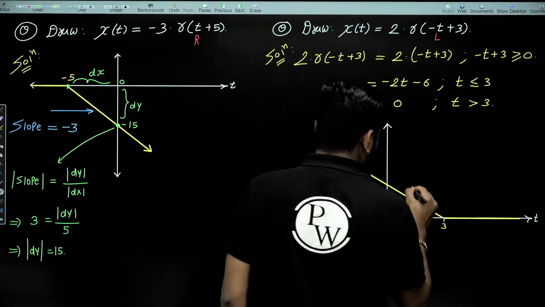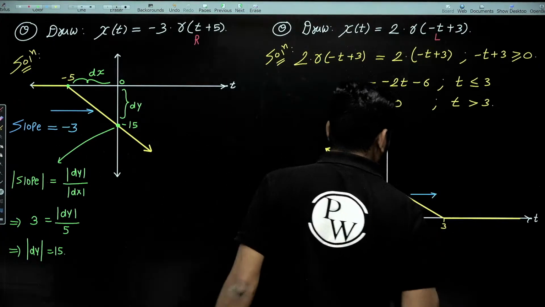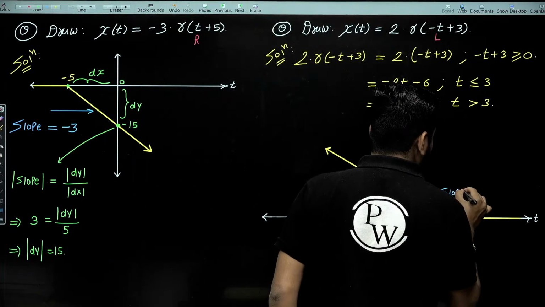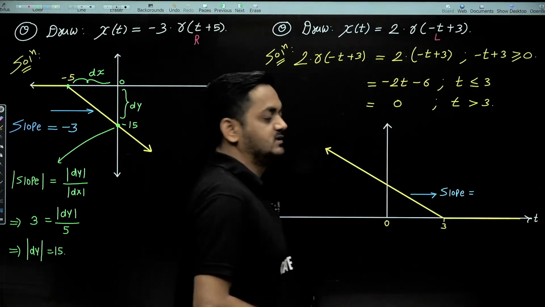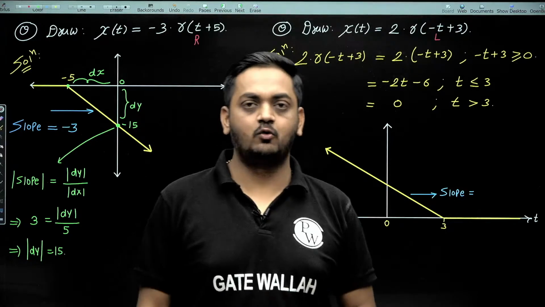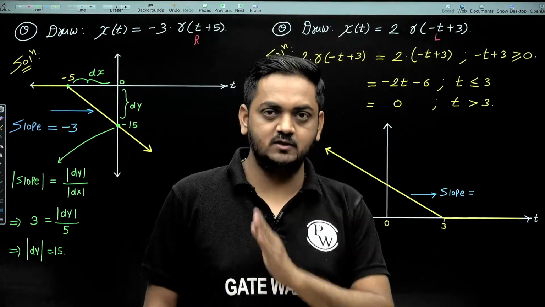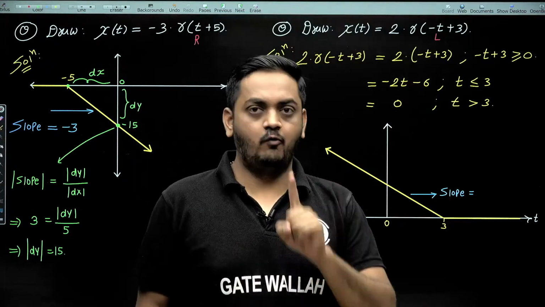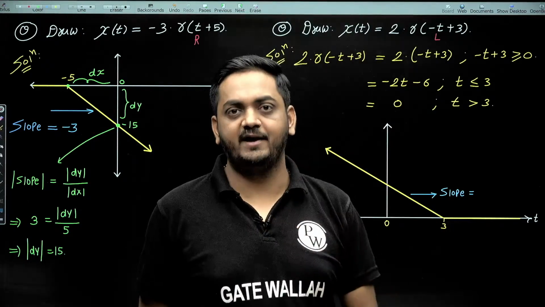Is the slope positive or negative? What is the value of the slope? I told you, guys, for slope you always have to check the amplitude change from left side to right side. For slope, always left to right.